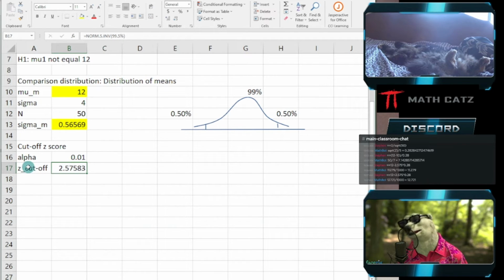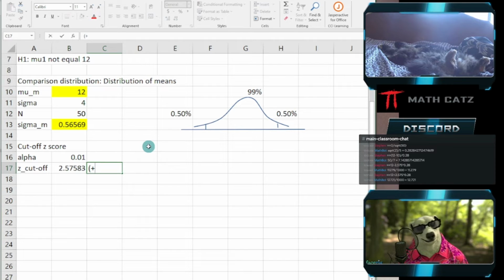That's my positive z cutoff. So of course this is going to be, I'll put it here in brackets, plus minus, because it's a two-tailed test, just to keep in mind for the future. So my z cutoff is positive or negative.